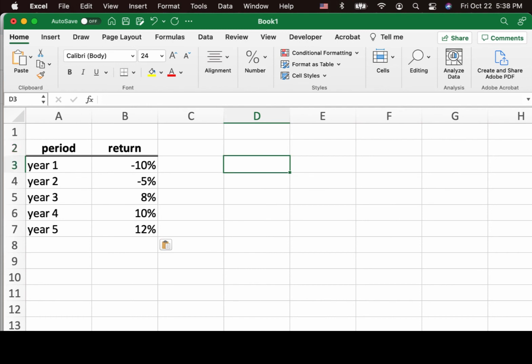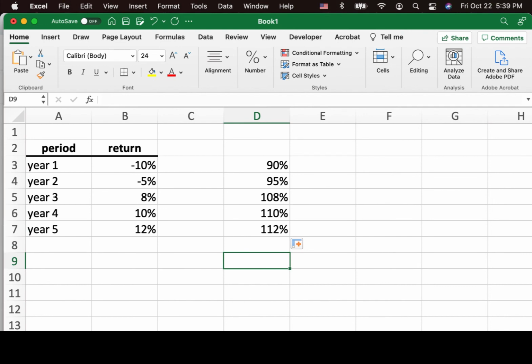So one way to look at this is to think of this as us taking 1 plus the minus 10%, 1 plus the minus 5%, and I'll just drag this little corner down, and there I've got 90%, 95%, 108%, 110%, and 112%.